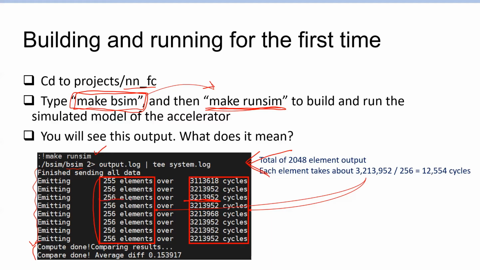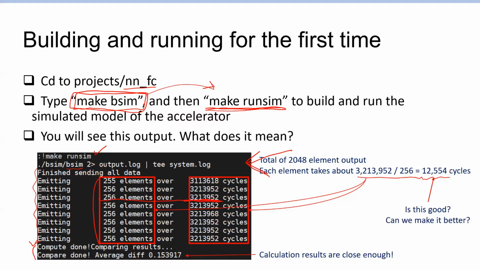So per 256 elements, about 3 million cycles. Dividing it by 256, it's about 12,000 cycles per emitted element. And calculation results are close enough. And the question here is, 12,000 cycles per emitted element, is it good, or can you make it better?